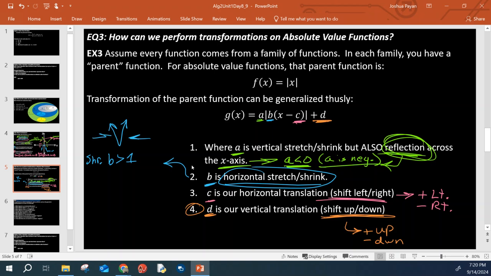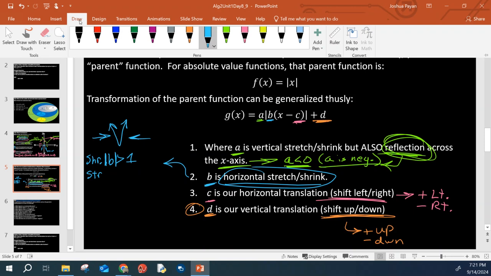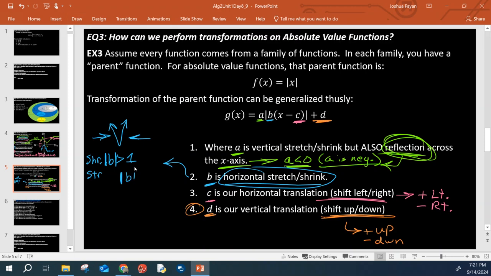And we see we're getting skinnier, so that means we're getting shrunk horizontally. Stretch happens, on the other hand, whenever B is less than 1. And again, we're talking magnitude. So horizontal stretch happens whenever B is in between 1 and 0.